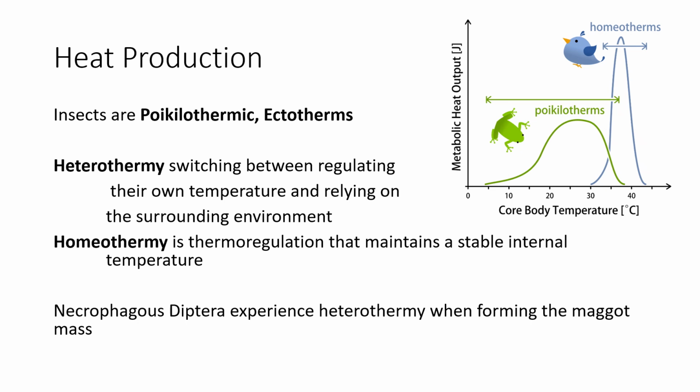When we're talking about maggot masses, they are poikilothermic ectotherms that are heterothermic. So it's interesting because while the insects are ectotherms, when they produce metabolic heat, they are in a way regulating their own temperature, just not by means of an internal mechanism like we have.